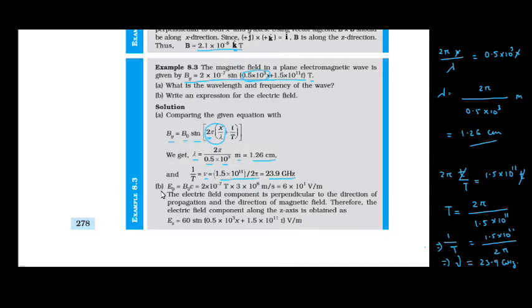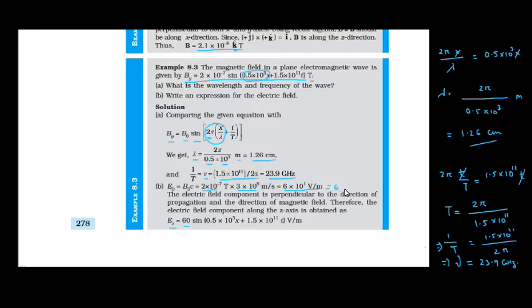Now we have to write the expression for the electric field. E naught is equal to B naught C. We know that. So B naught is given to you and C is also given to you. We found the value of E naught. The electric field component is perpendicular to the direction of the propagation and the direction of the magnetic field. Therefore, the electric field component along z-axis is obtained as Ez is equal to E naught, and instead of E naught we'll write 60.